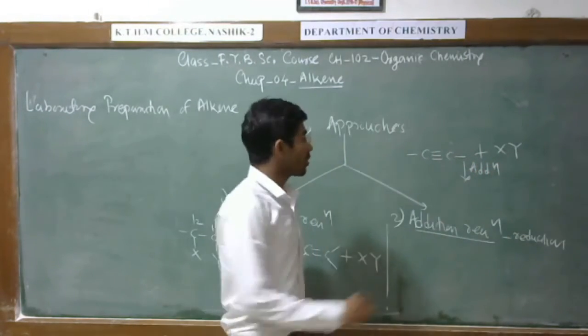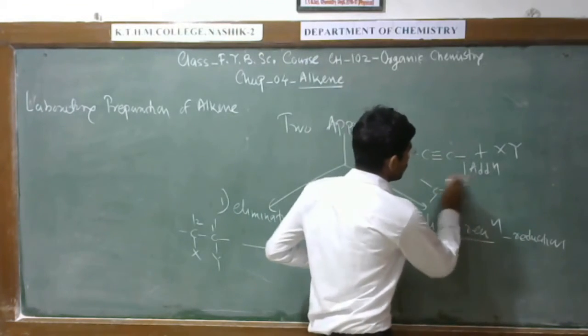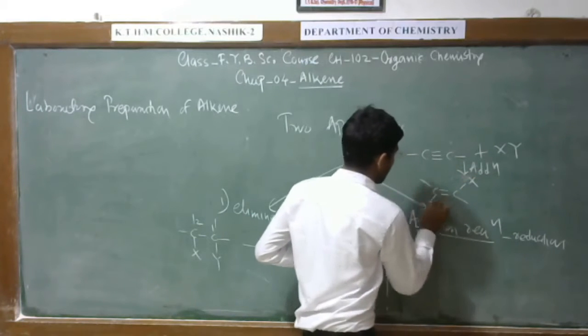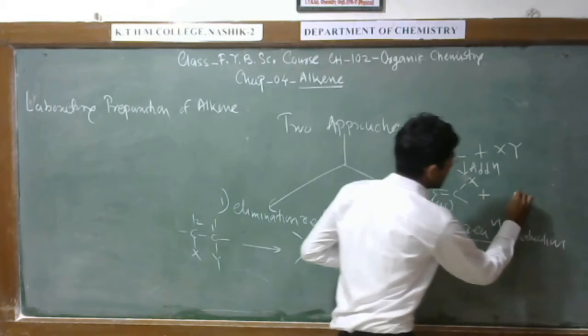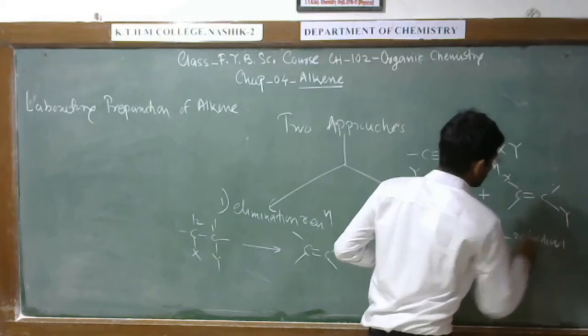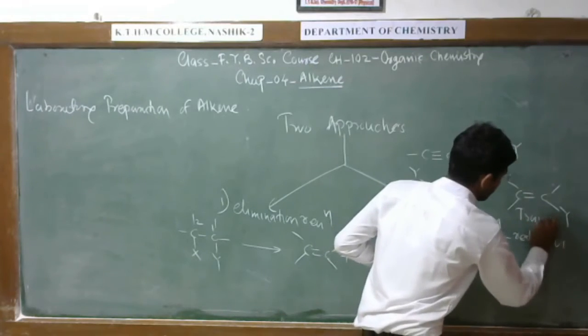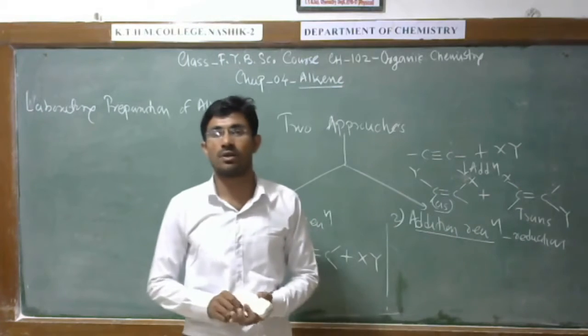After addition reaction, we get cis and trans alkene.